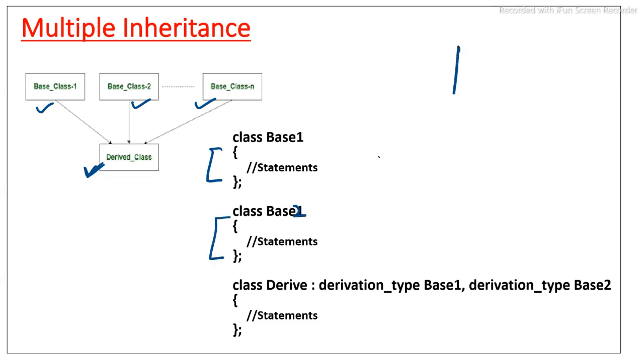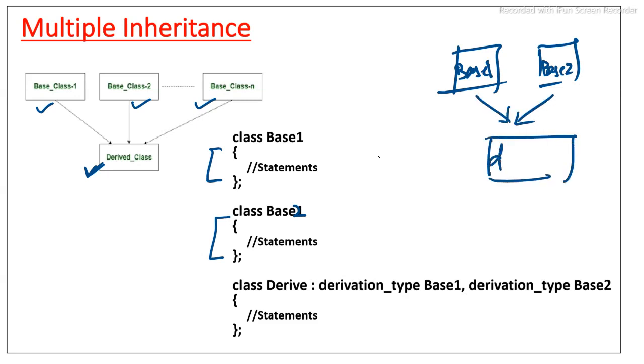Base class 1 and base class 2 are two base classes according to the inheritance, and one derived class is being derived according to some derivation type from base 1 and base 2. So this is the syntax: class derive, derivation type space base 1, derivation type space base 2.